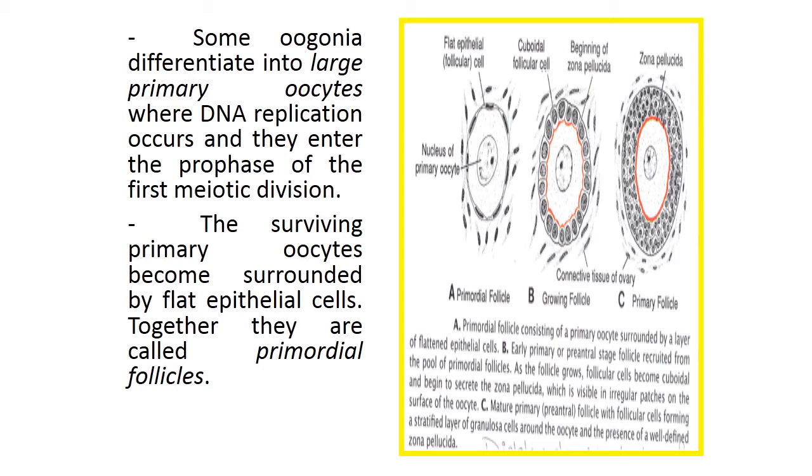The primary oocytes undergo the first phase of meiotic division. The surviving primary oocytes become surrounded by flat epithelial cells. Together they are called primordial follicles.